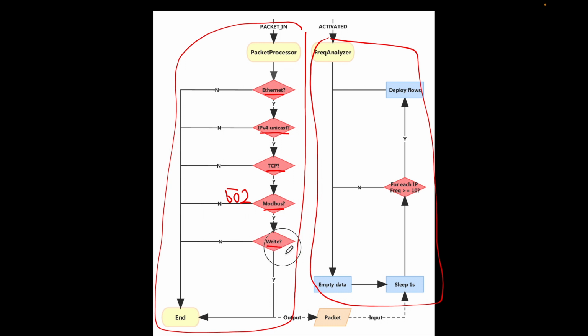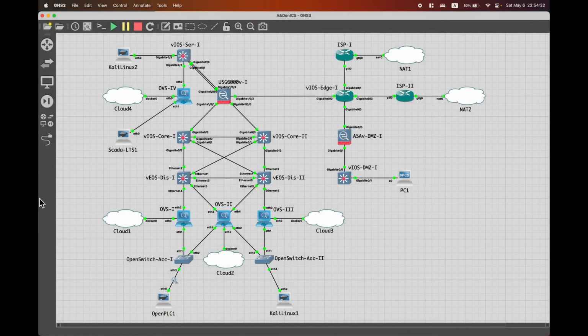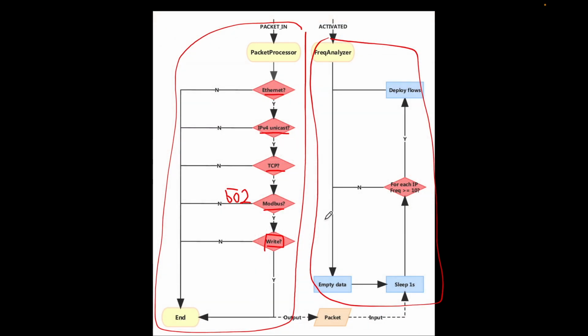Then finally, we will choose only the right packet, the Modbus packet with the right write single register command that we saw before in the Wireshark capture. Then all the Modbus write packets are logged into a concurrent hash map. And this log is inspected every 1 second.